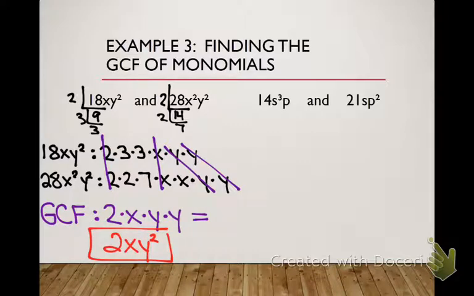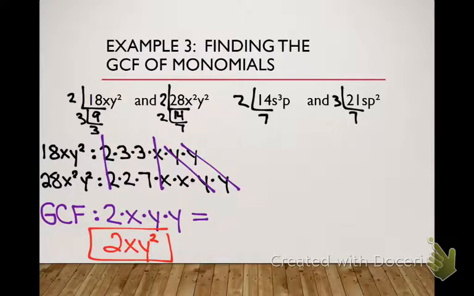Okay, so now I want you to do the second one on your own. 14s to the third p and 21sp squared. All right, go ahead and do the prime factorization and find your GCF of the monomial. All right, so 14, 2 and 7, 21, 3 and 7.